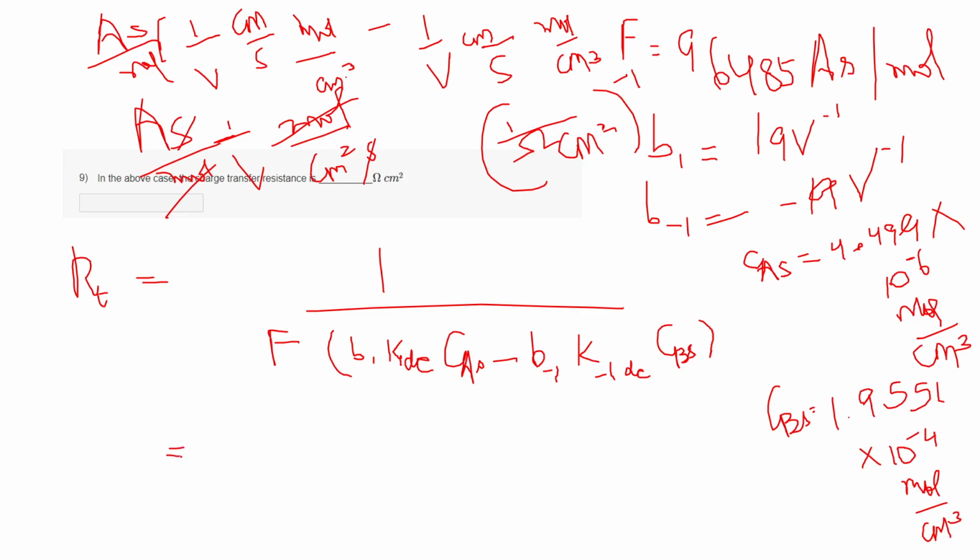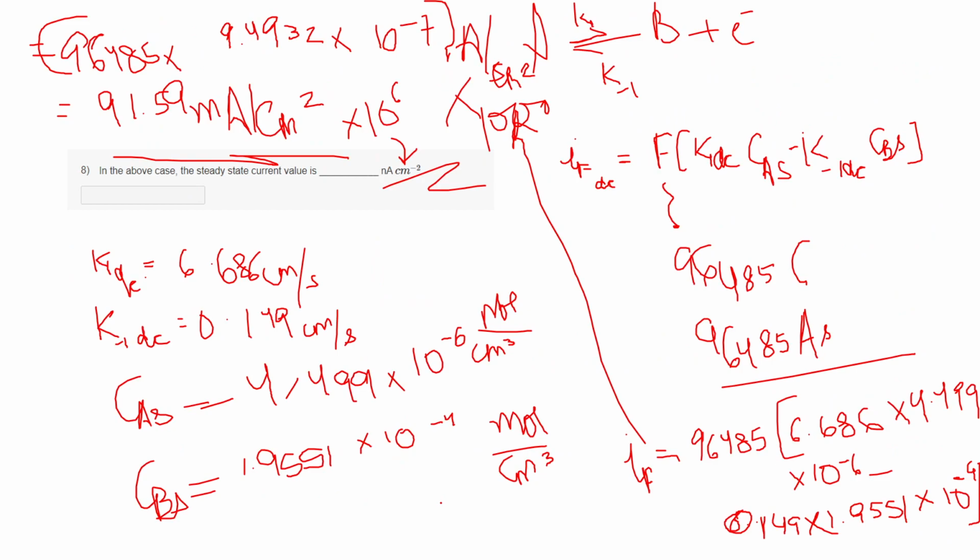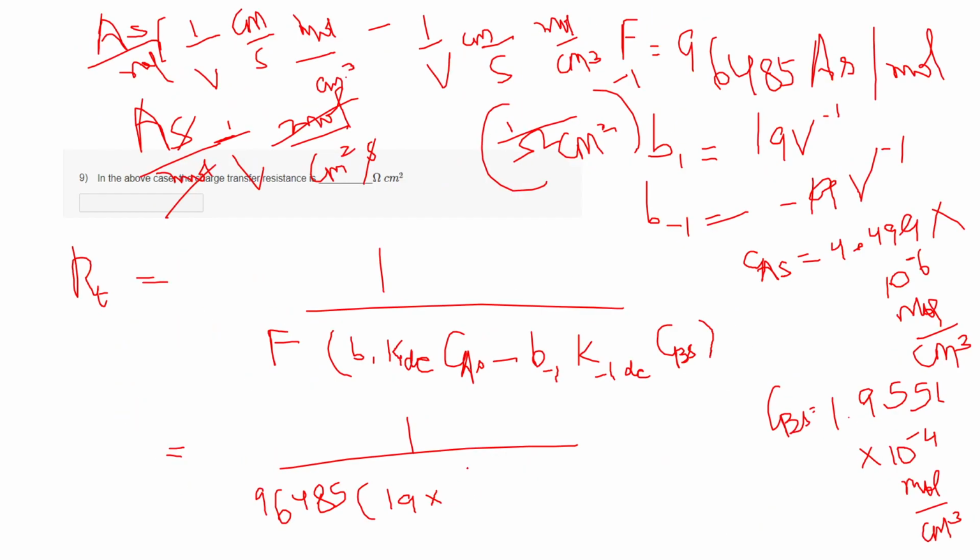Okay, now I'm substituting all the values. B1 is 90. K1 DC and K minus 1 DC I didn't write. K1 DC is 6.686. CAS is 4.499.